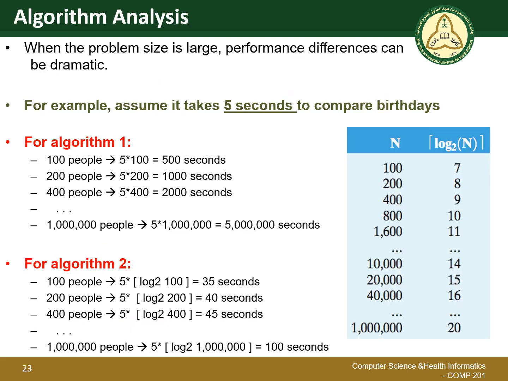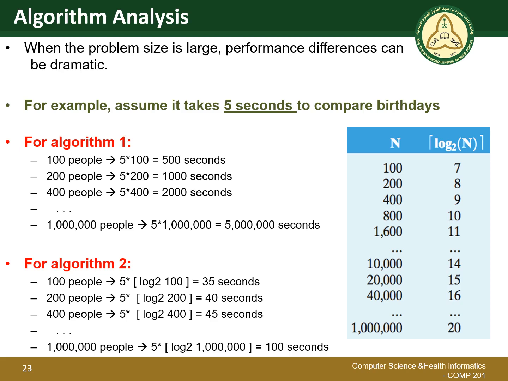Here we can compare the performance difference in terms of time between algorithm 1 and algorithm 2. So assume that a comparison costs 5 seconds. So to check a person, we need 5 seconds. For algorithm 1, time is proportional to the number of people.